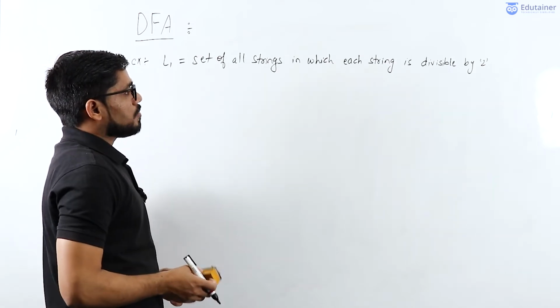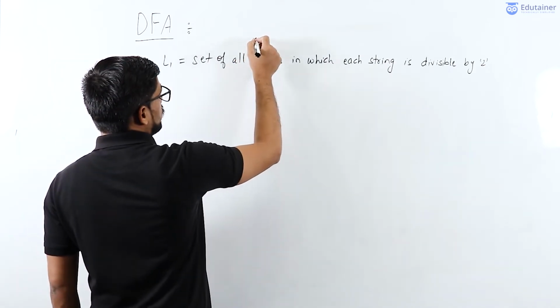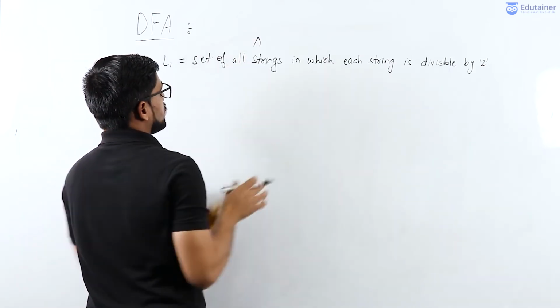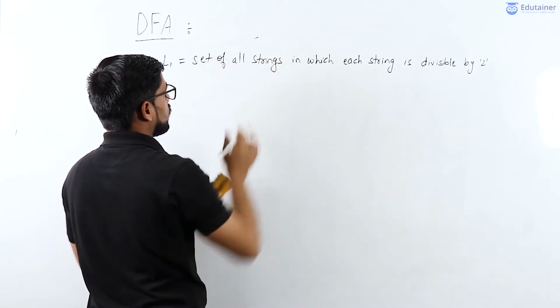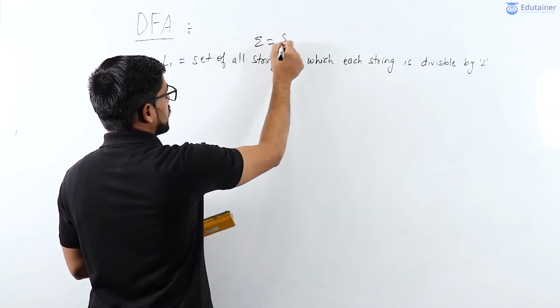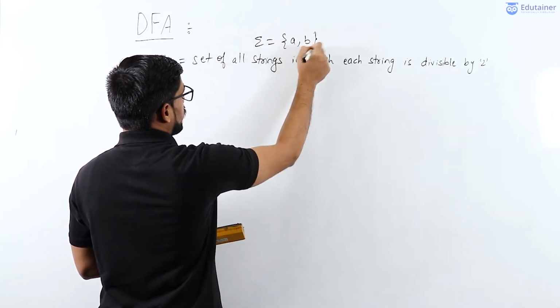And in all the examples we are bounded that the alphabet sigma is nothing but a comma b. Remember that sigma is nothing but a comma b.